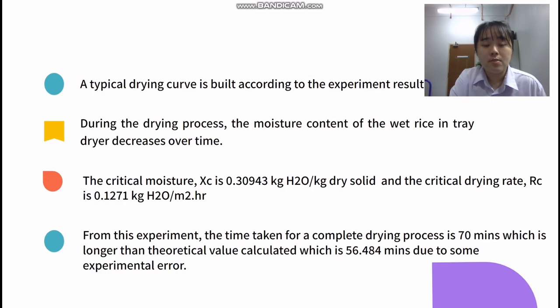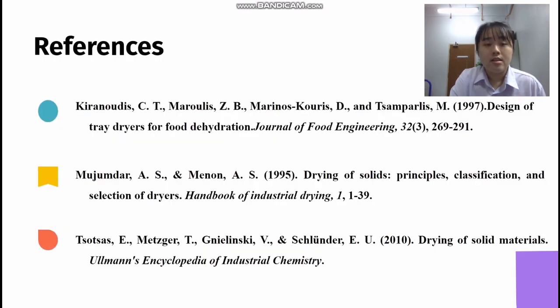From this experiment, the time taken for a complete drying process is 70 minutes, which is longer than the theoretical value calculated, which is 56.484 minutes, due to some experimental errors. And these are the references that we used for this experiment. Thank you.